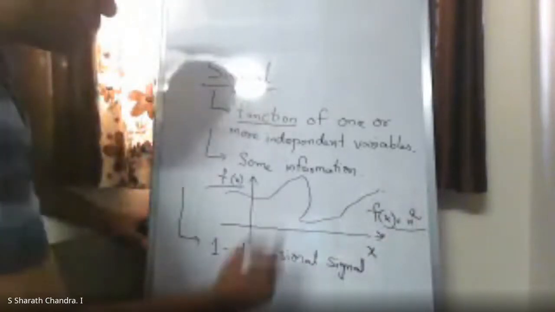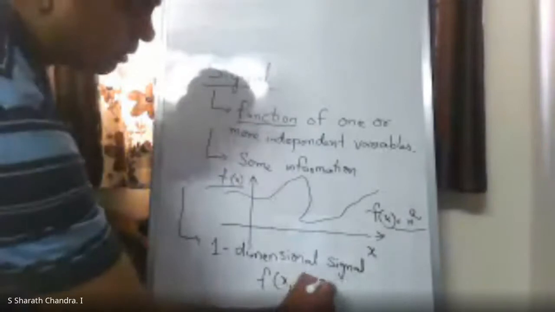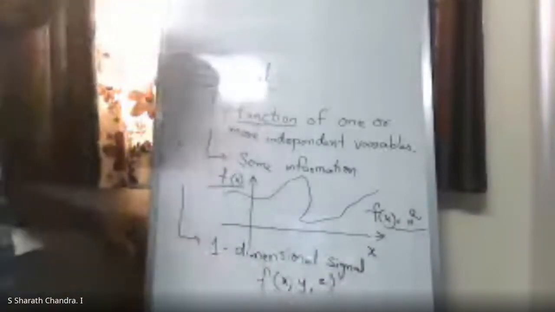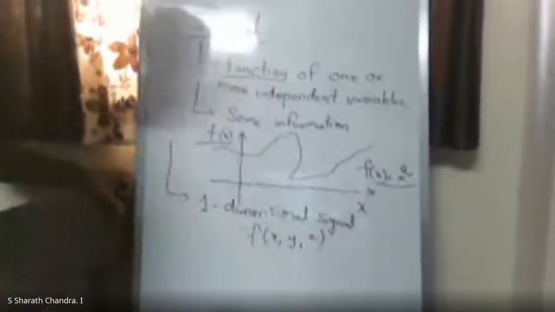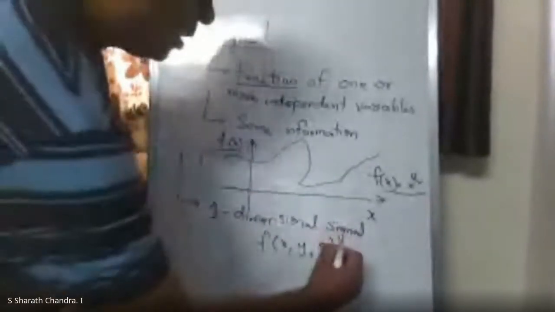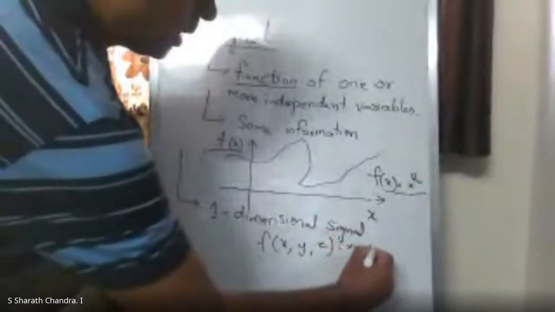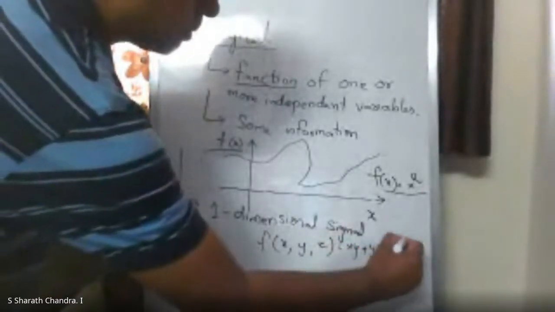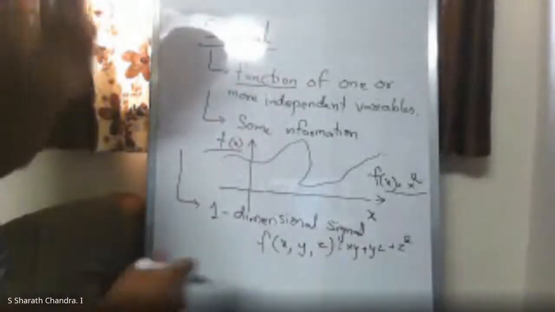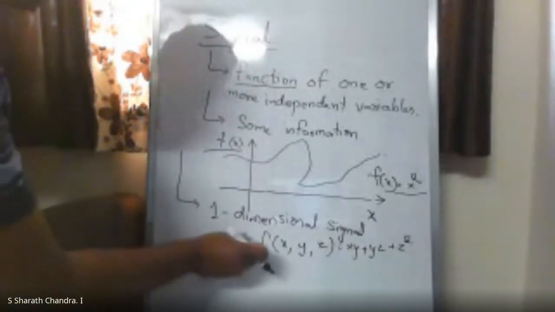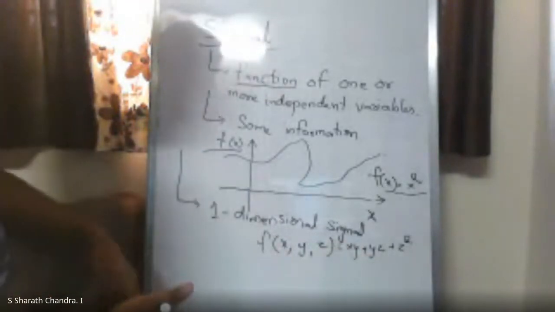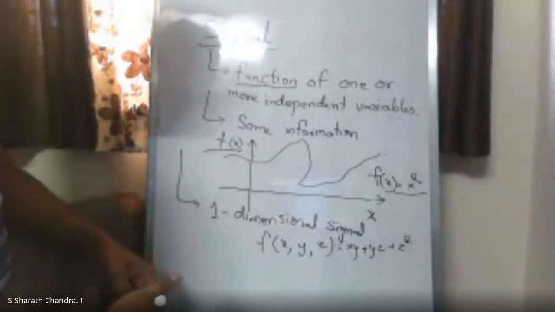If the function depends upon more independent variables, like f of x, y, and z, written as f of x comma y comma z equals xy plus yz plus z square, and the variation of f with respect to all three variables is plotted, then it becomes a three-dimensional signal.